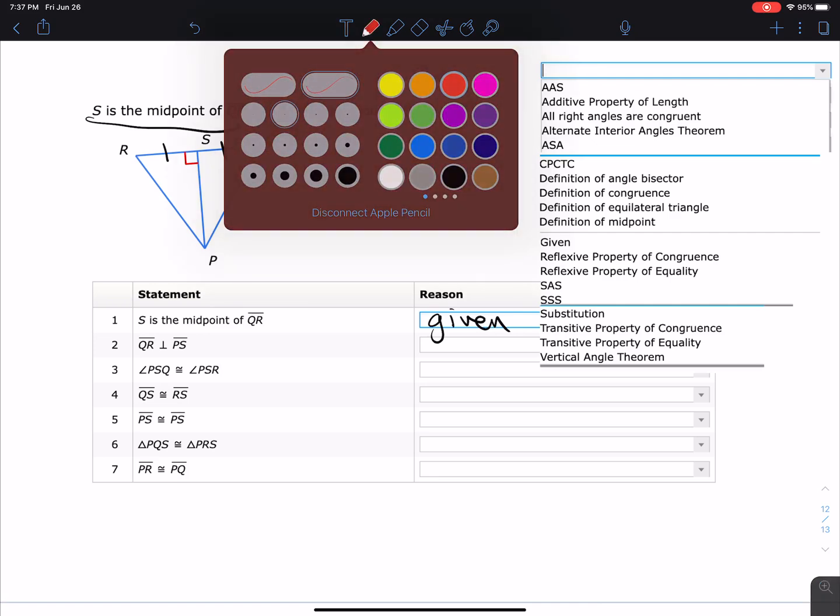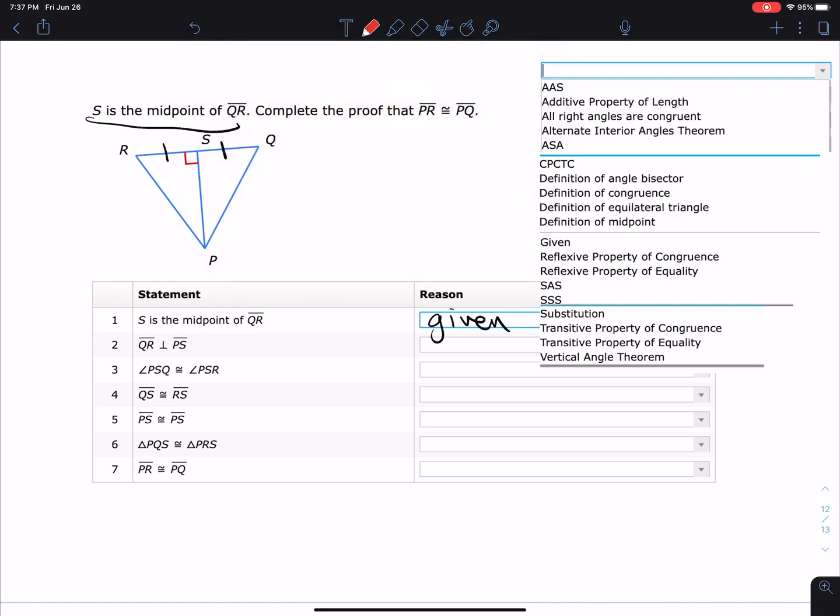So now they're saying QR is perpendicular to PS, okay? It wasn't written up here, but it is given because it's on the picture, okay? And if you've got a right angle on the left, you're going to have a right angle on the right. So then our next step is PSQ is congruent to PSR. So they're saying these right angles are congruent.